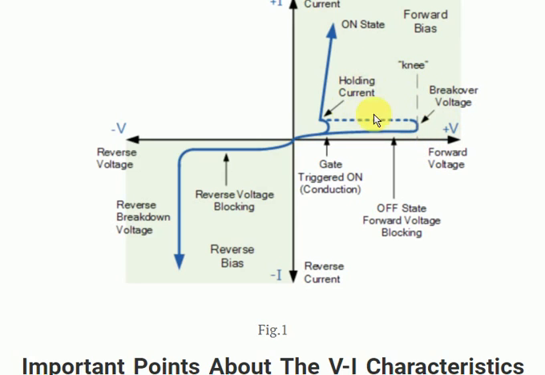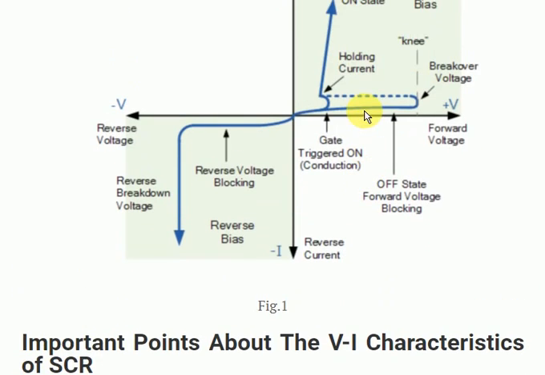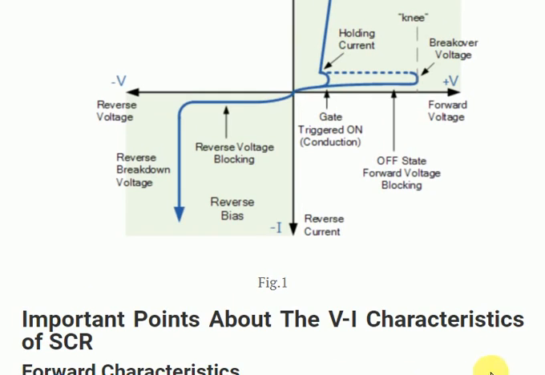And this holding current is the minimum current below which the SCR turns from the on state to the off state. That means, suppose I consider 5 milliampere as the holding current.